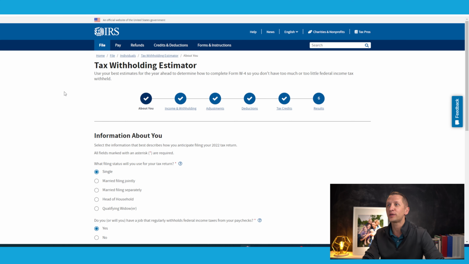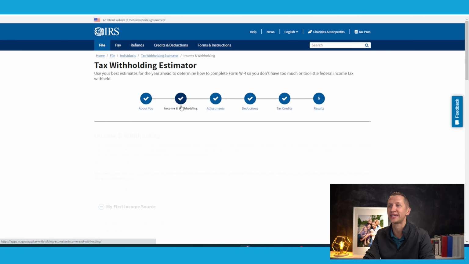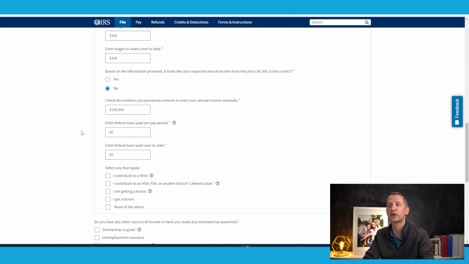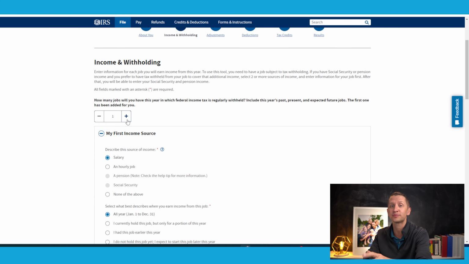So let me go ahead and pull it up on the screen to show you what I'm talking about. Here we look at the IRS Form W4 and I've already gone through the walkthrough, but what you want to do is check your filing status, but then on page 2 with the income and withholdings, scroll to the very bottom. Let me go back up to the top for a sec. Income and withholdings, that's your W2 jobs. So put as many jobs as you have or have had throughout the course of the year.